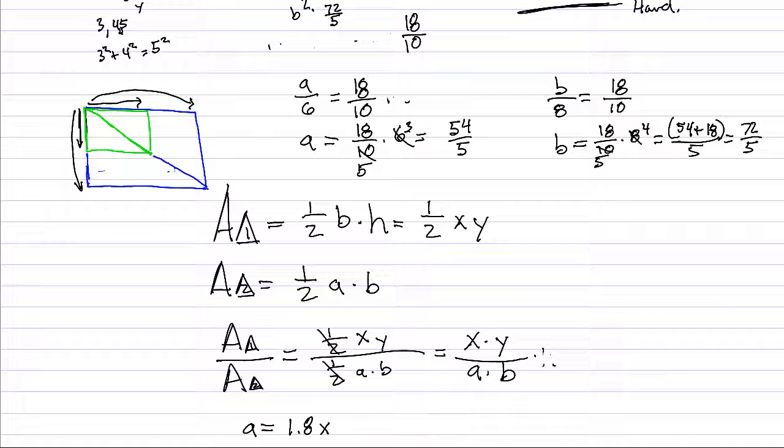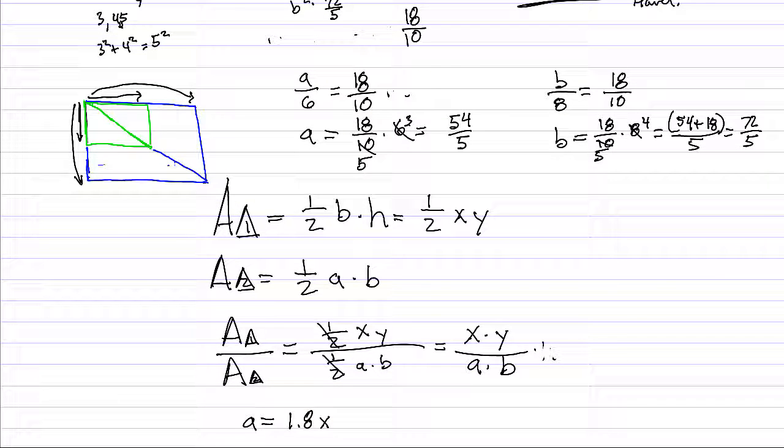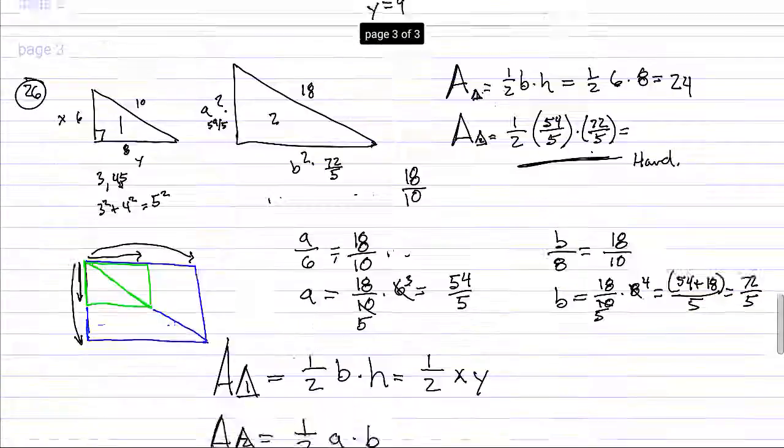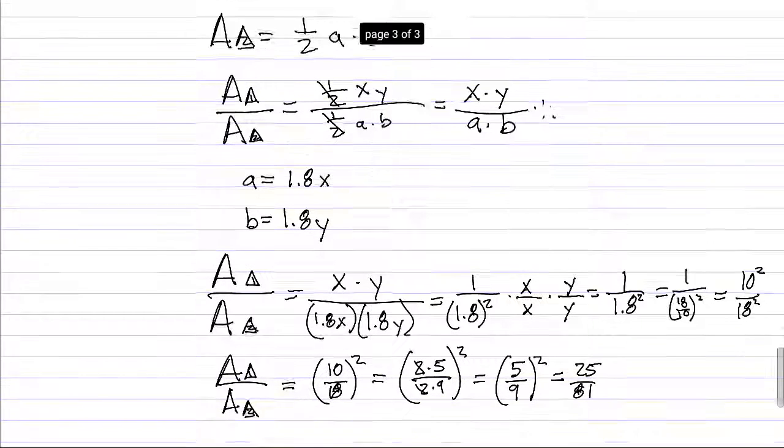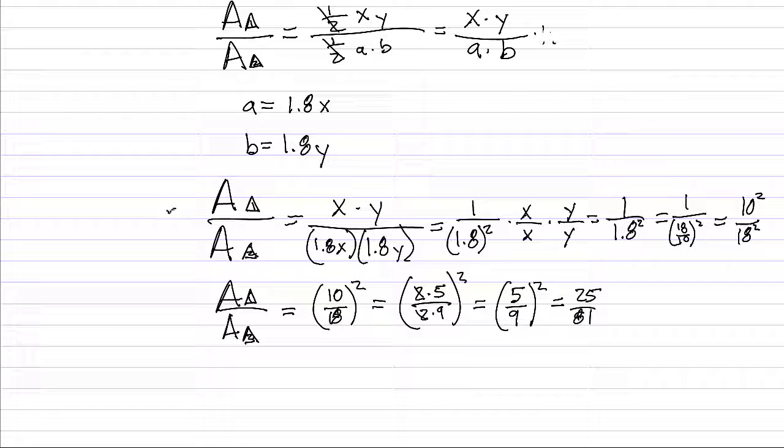If I knew the relations between those lines, I'd be able to figure it out. So we're given the ratio of each of these sides, 18 over 10, or 1.8, and figuring out the ratio of the areas just becomes a matter of working out 1.8 times 1.8 right there.